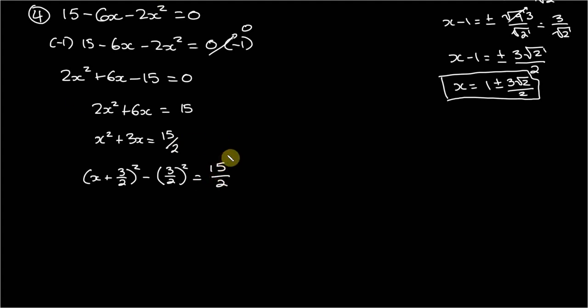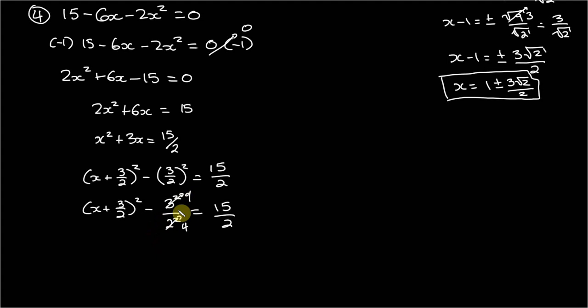And now we can simplify this a bit more. 3 over 2 squared is the same as 3 squared over 2 squared. And 3 squared is 9, of course, and 2 squared is 4, and so that's going to leave us with 9 over 4.